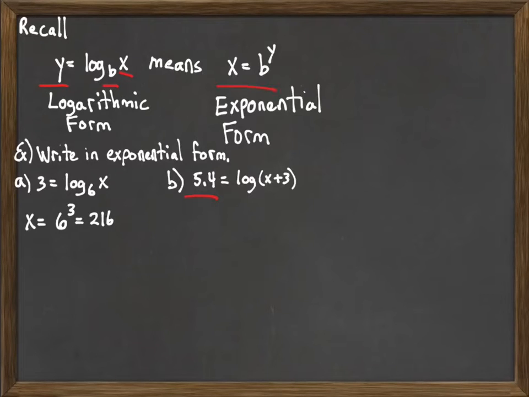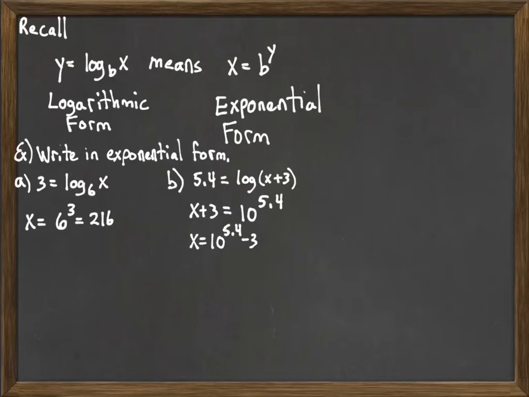So we put that into our exponential format. Doing so gives us x plus 3, the stuff inside the log comes out, equals the base, which is 10, raised to the other number, which in this case is 5.4. Now we can go ahead if we want on a calculator and type in 10 to the 5.4.